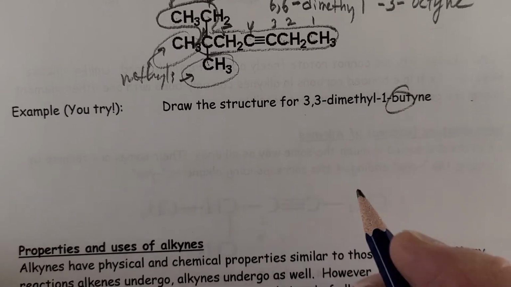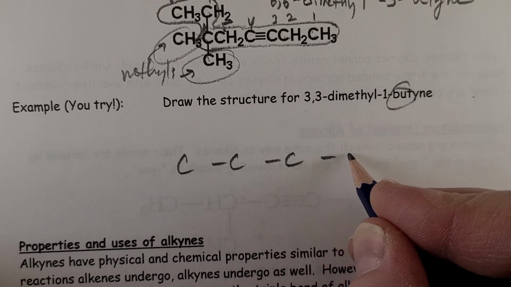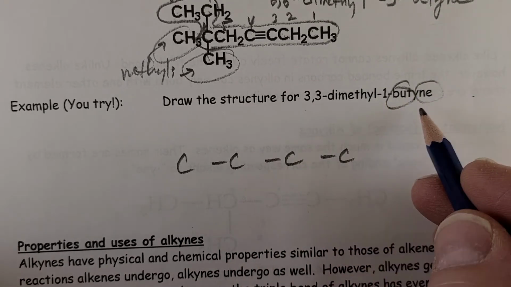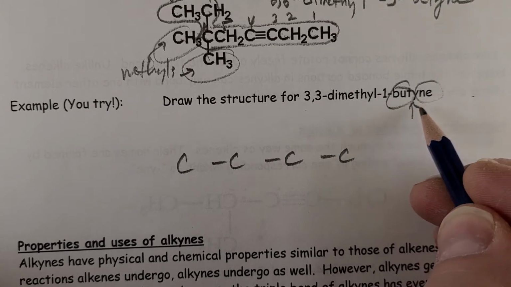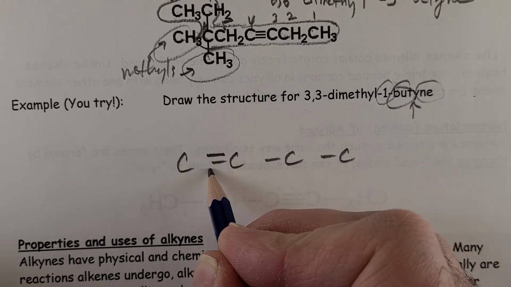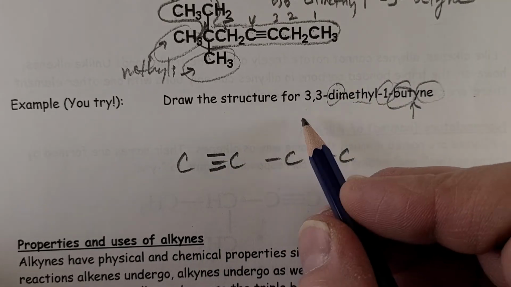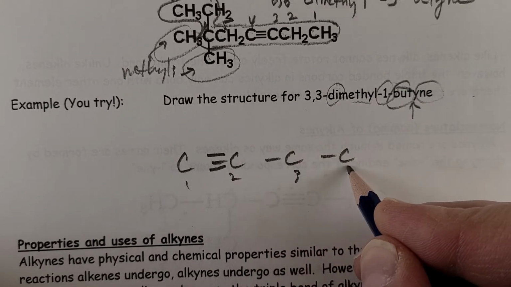This last one, but, of course that's 4. Yne indicates a triple bond. There's no prefix in between here, so there's just going to be one triple bond at position 1. And 2 methyls at position 3.